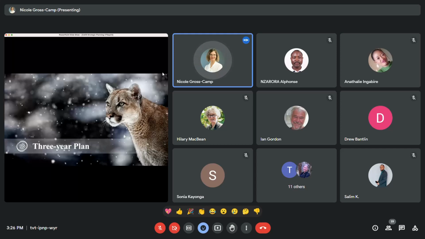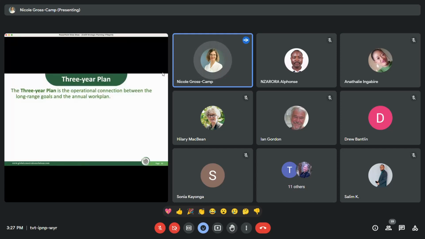So now we're gonna boil down. From those long-range goals, we're gonna move to a 3-year plan, to a 1-year plan, to what we need to achieve this quarter, in the next kind of 90 days. So the 3-year plan is really where we begin to boil down what it is we need to achieve in the next 3 years in order to reach our long-range, our 10-year objectives.